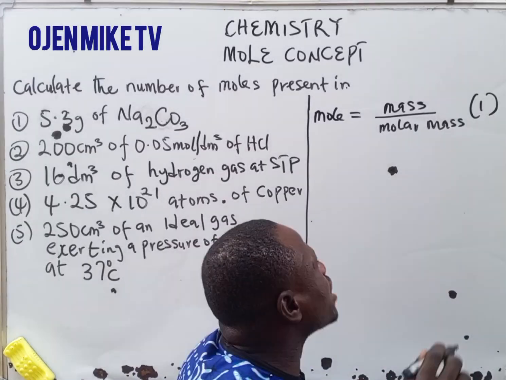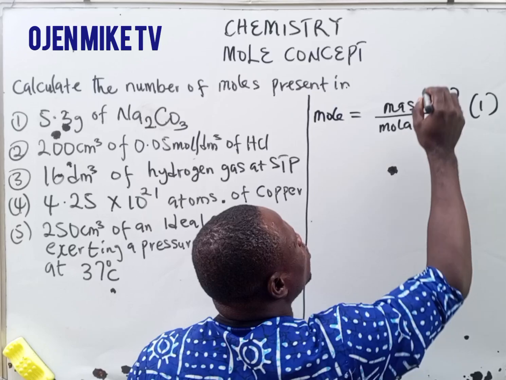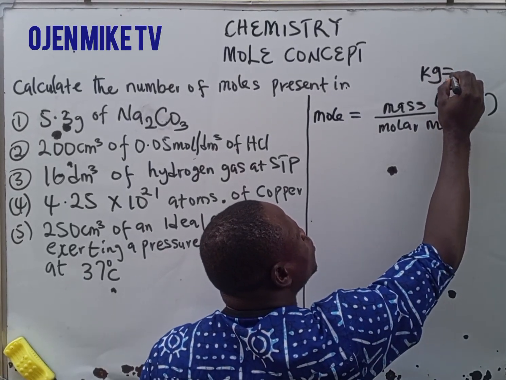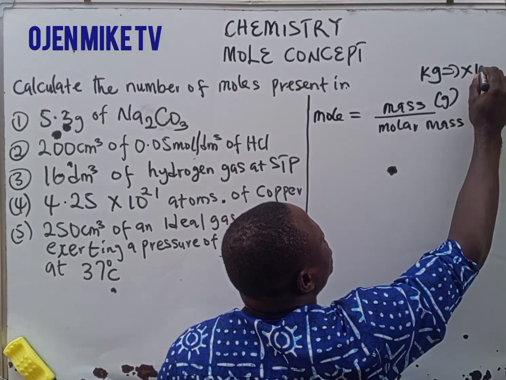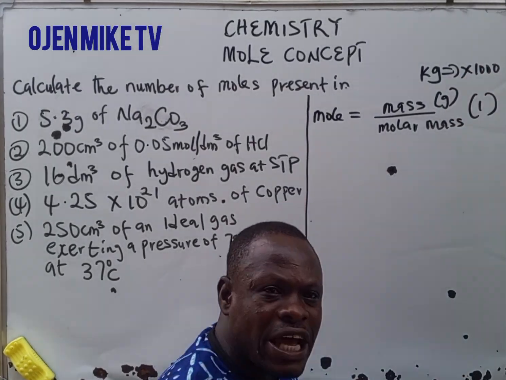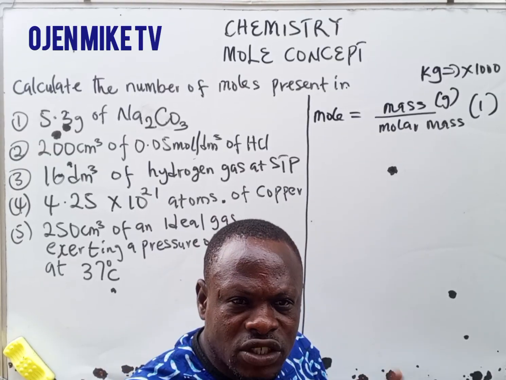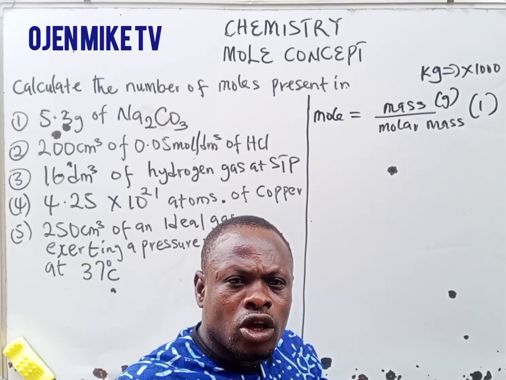Remember, your mass must be in grams. If mass is given in kilograms, you need to convert it to grams by multiplying by 1000.